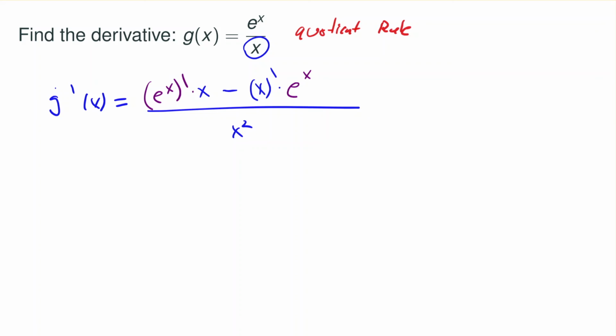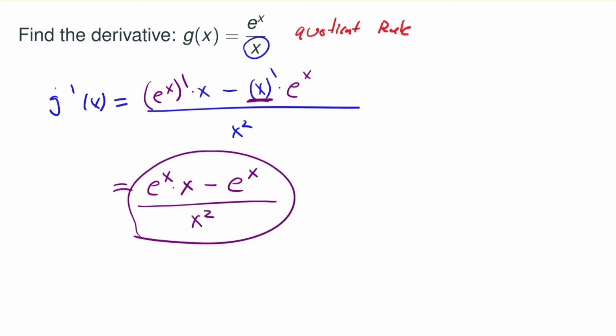So let's simplify. Derivative of e to the x is just e to the x times x, minus derivative of x is 1, so we just have e to the x, over x squared. So this is the derivative of this function right here.